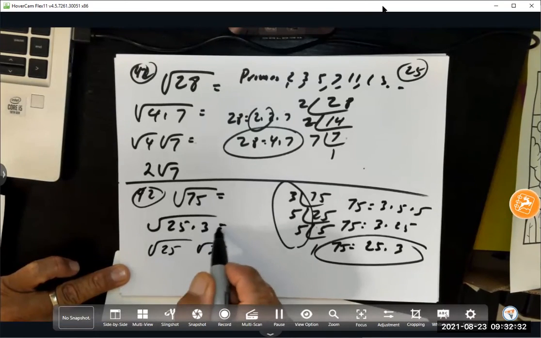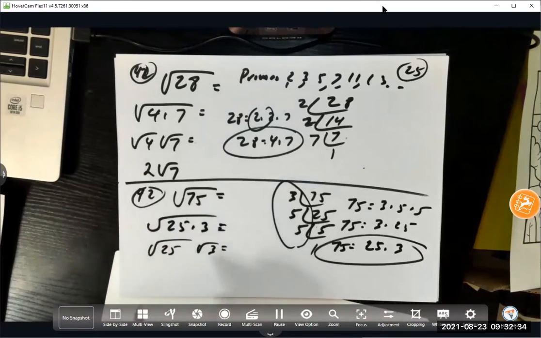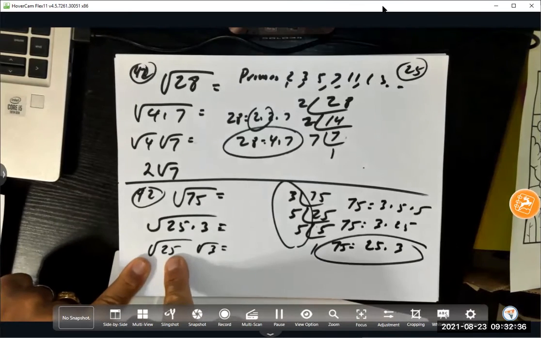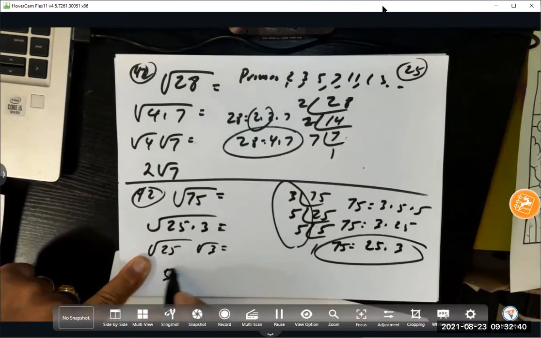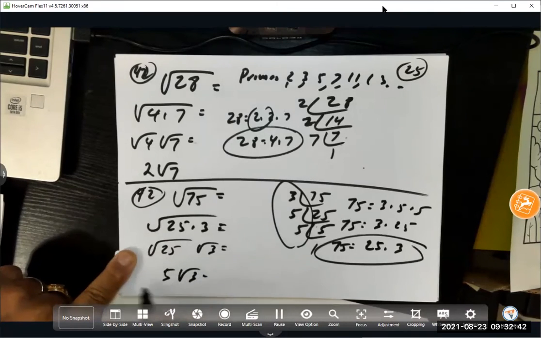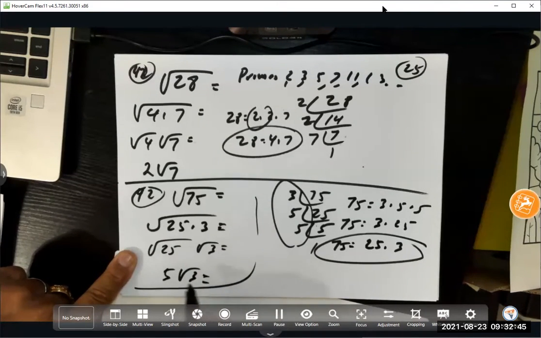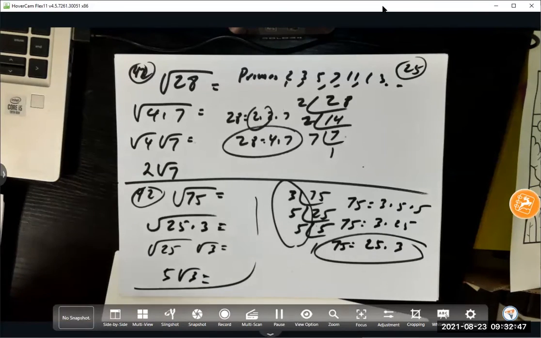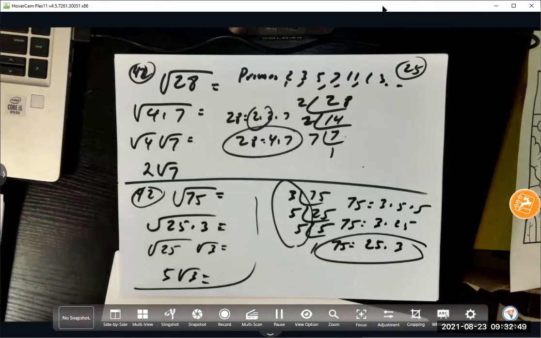Now, can I take the square root of 25? What is it? 5. Yeah, 5 square root of 3. That's the end of it right there. That makes sense? I'm going to say yes. This is good. I'm going to go to the next one, okay?